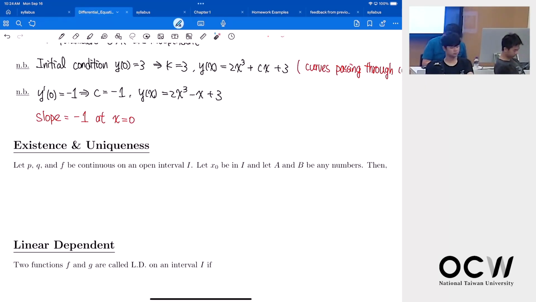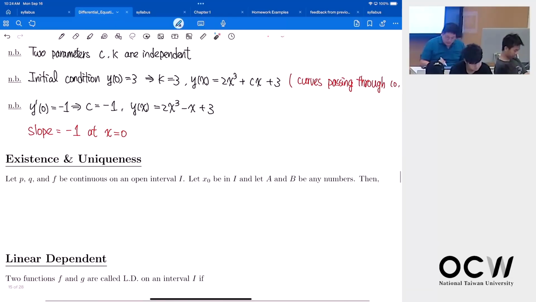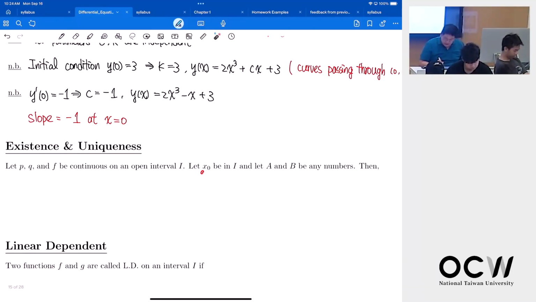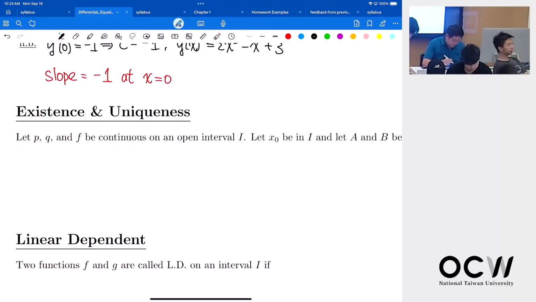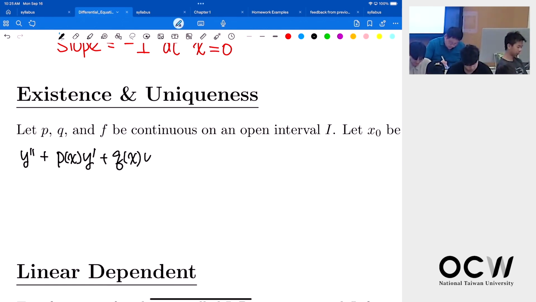Okay, if I have functions p, q, and f, they are continuous on an open interval, and x naught is in this open interval, and also a and b are any numbers, then y double prime plus p(x) y prime plus q(x) y is f of x.